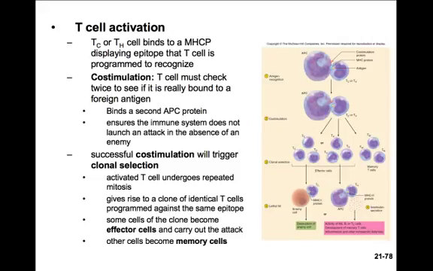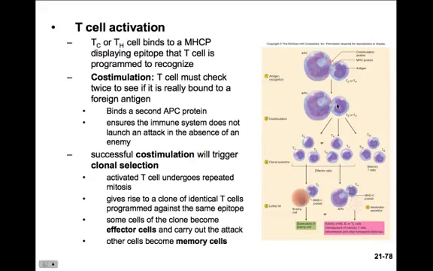Before there can be any response, the T cell must bind to another APC. In this sense, the T cell has to check twice to see if it really has found a foreign antigen. That prevents the immune system from launching an attack in the absence of an enemy.